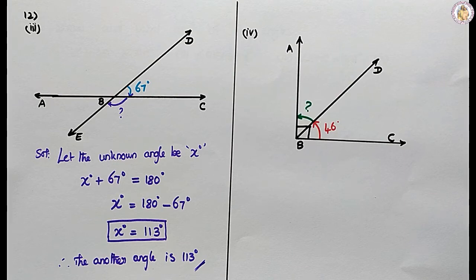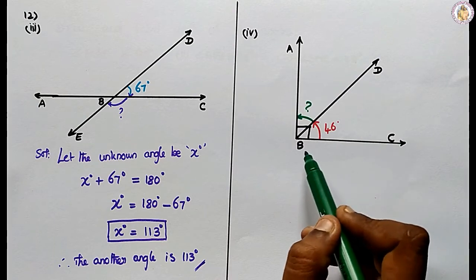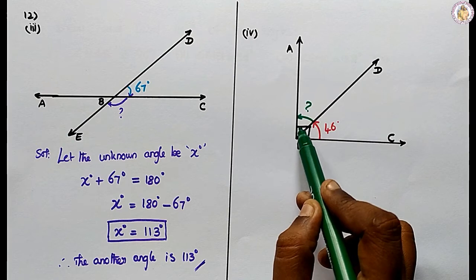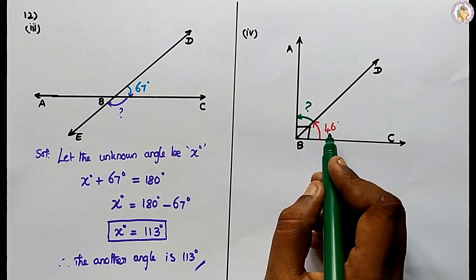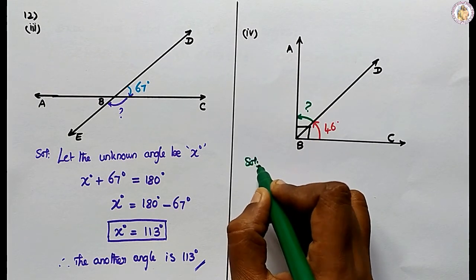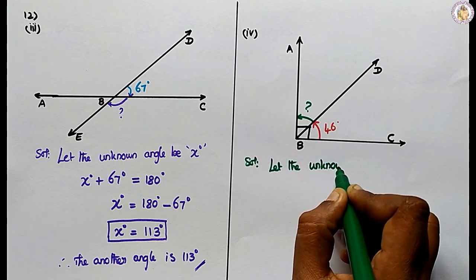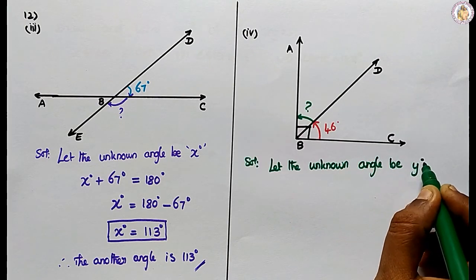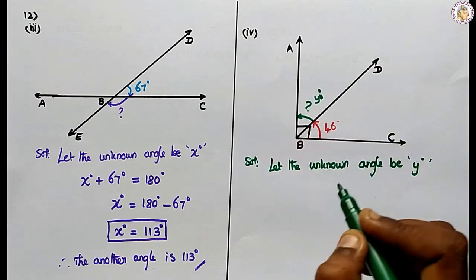Next one, fourth subdivision. Listen this figure, that is complementary angle. These two angles are complementary because fully it measures 90 degree. So we have one is 46 degree, another one we have to find out. Let the unknown angle be y degree.